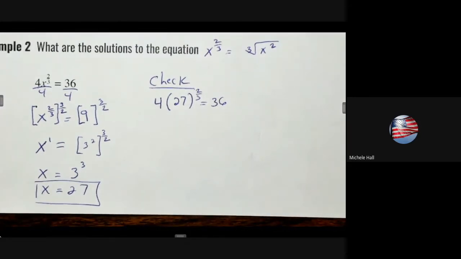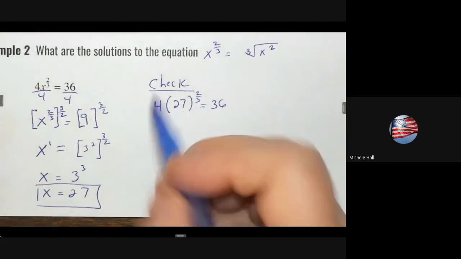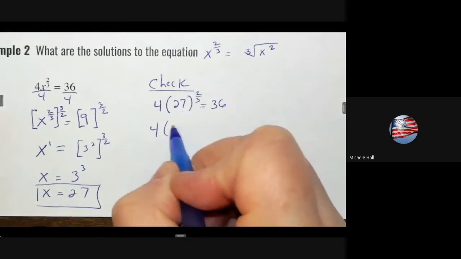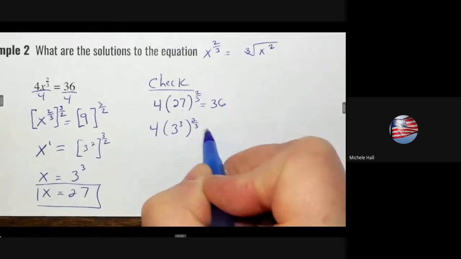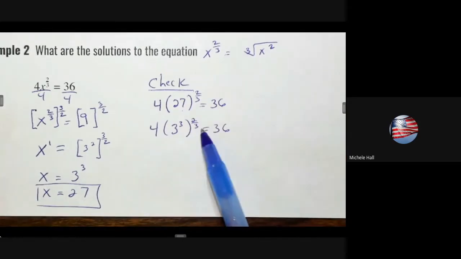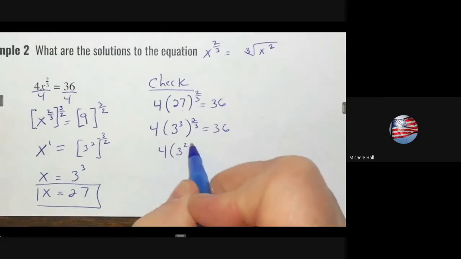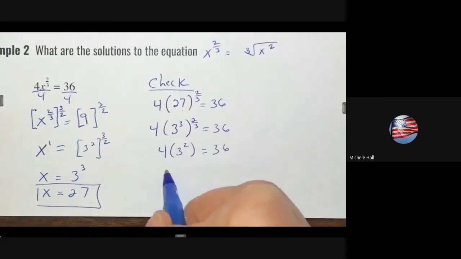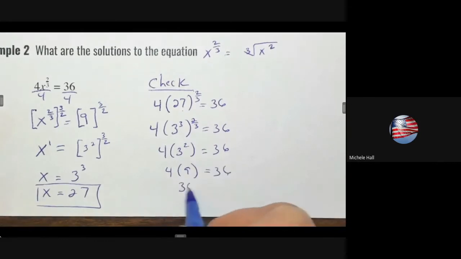However you want to do it is fine with me. I'm going to change 27 into 3 cubed and play the exponent game. Here, my 3's will cancel, and I'm left with 3 squared. And 4 times 9 does equal 36.